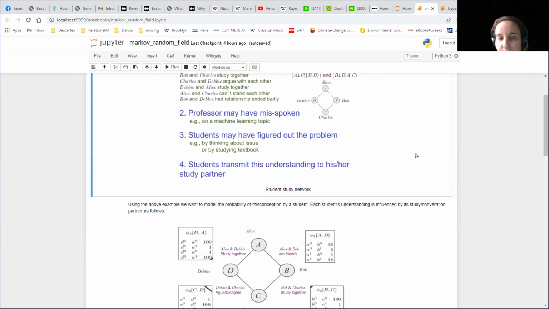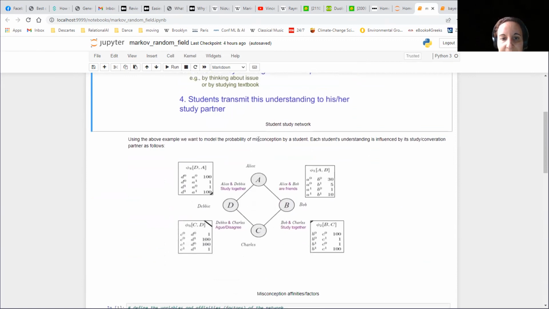Now, once we have this graph, as we said, we define the edges based on our assumptions on whether there is a possibility that these variables are related, they have some relationship. So for example, Alice and Debbie, they studied together.